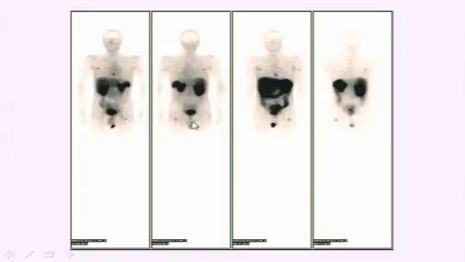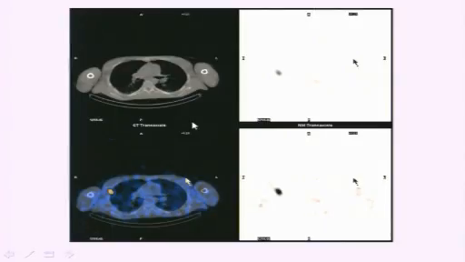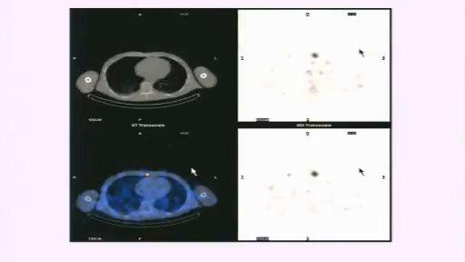And then we obtained this, with a focus of activity that's actually localized in the right rib. There's a bit of breathing motion, so the images are not perfectly registered. And there is also a lesion in the sternum. So that's a case of multiple bone metastases.